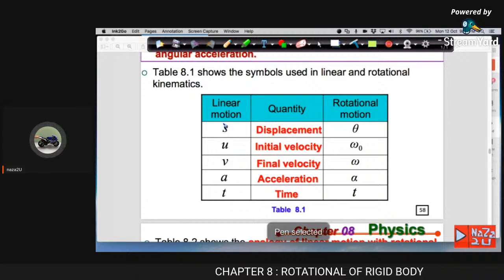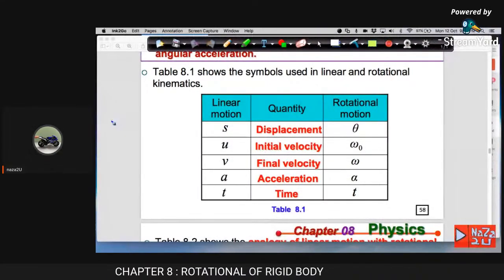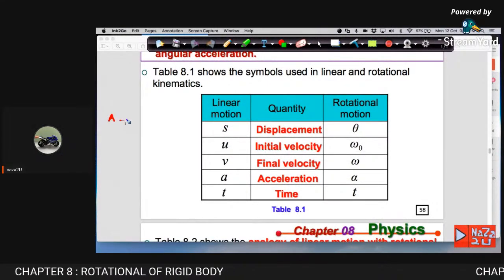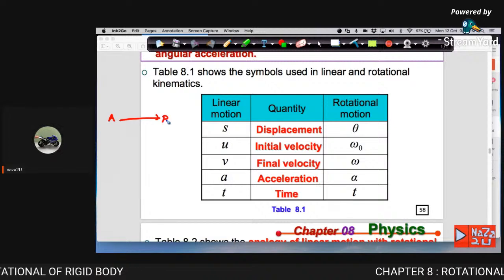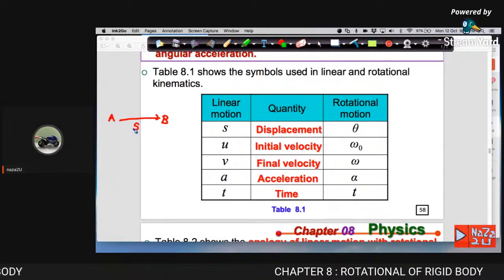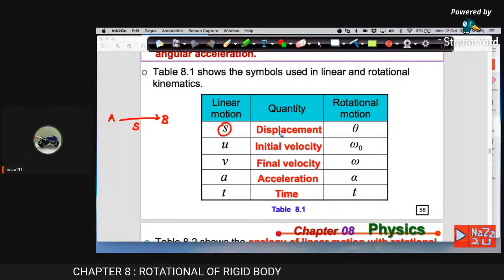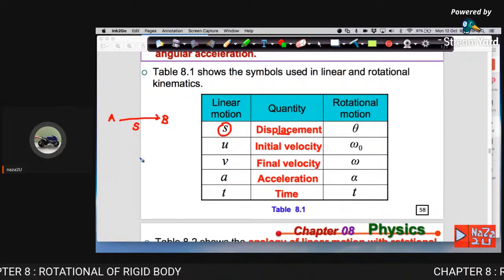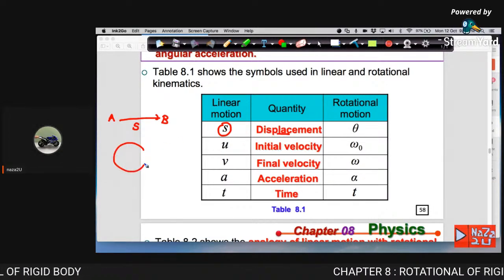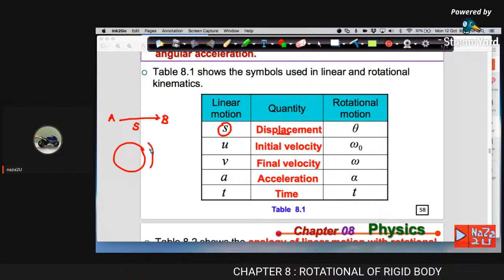Okey, dalam linear motion kita ada satu jasad contohnya bergerak daripada A pergi kepada B. So dia ada jarak, saya simbolkan sebagai S, ataupun kita ambil sebagai displacement. Tapi kalau dalam rotational motion, benda tu tak bergerak tapi dia berpusing.